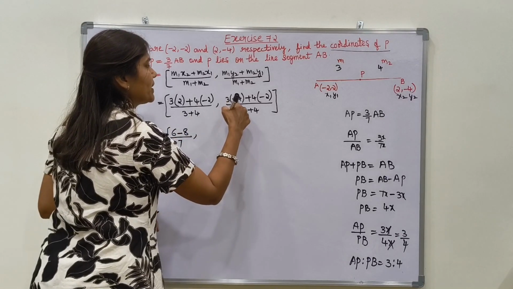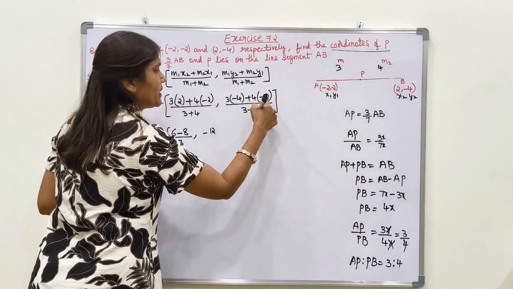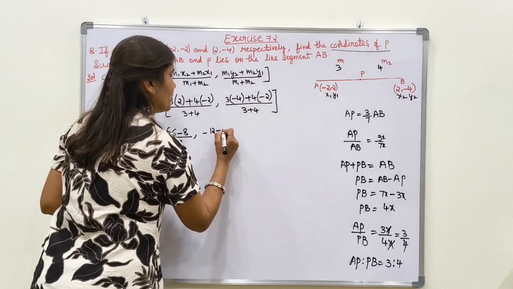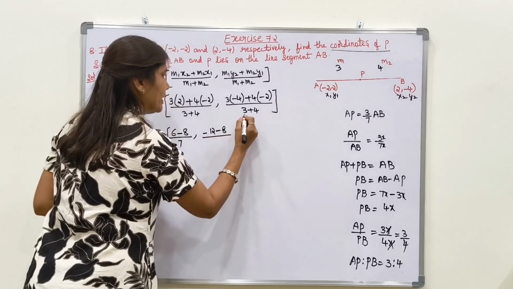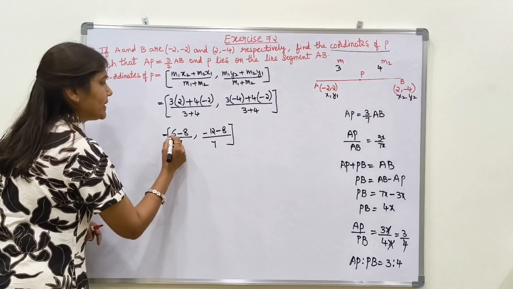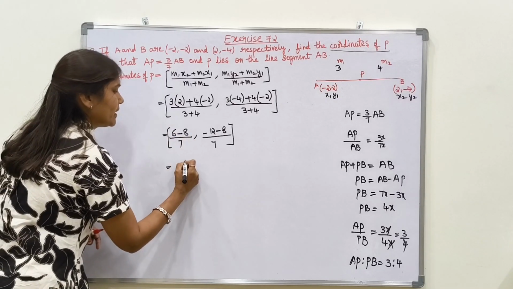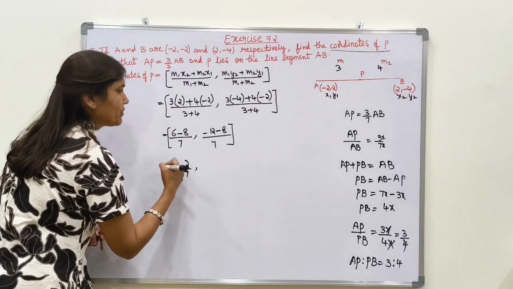Now here, plus into minus, minus 3 4s are 12, plus into minus, minus 4 8s are 32, divided by 3 plus 4, how much? 7. Now see here, 6 minus 8, the bigger number's sign is minus. 8 minus 6, 2 by 7, minus 2 by 7.